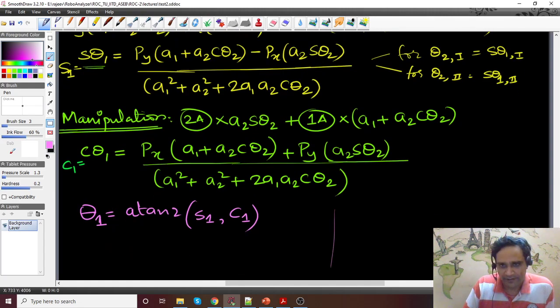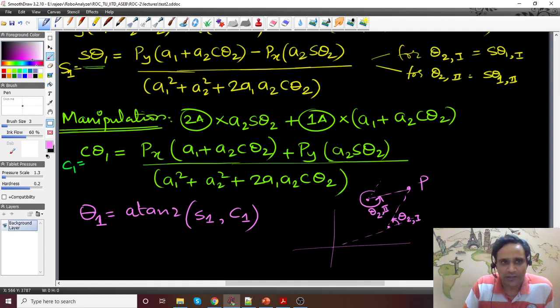So if we have a point here, technically what has happened is, we'll get theta 2 first, so that means we'll reach here. One of the angles is this theta 2 first solution, and the other angle we would also have got as theta 2 second solution. This is what we will get first.